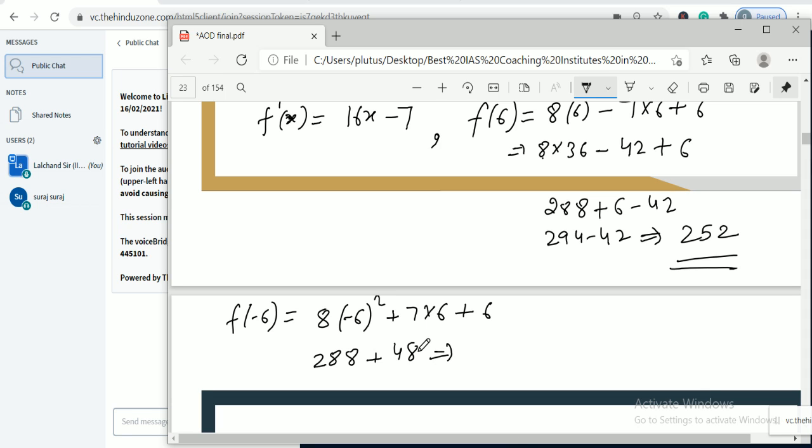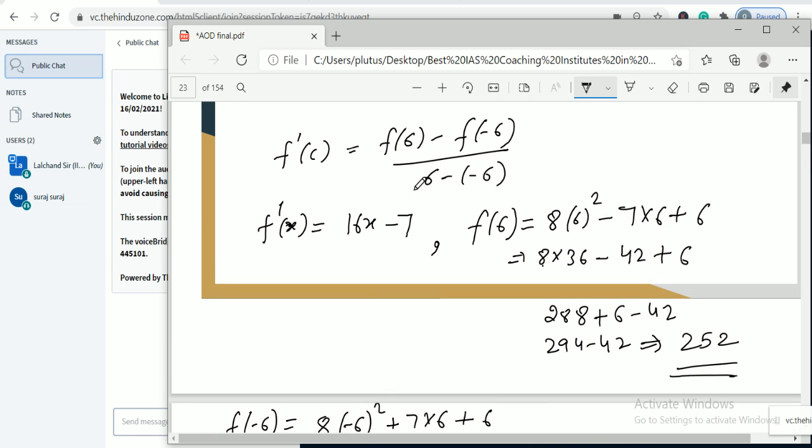So our final value will be how much? How much do we get? We get 8 sixes are 48, 336.